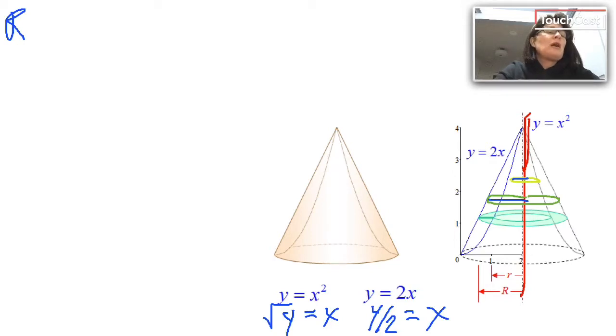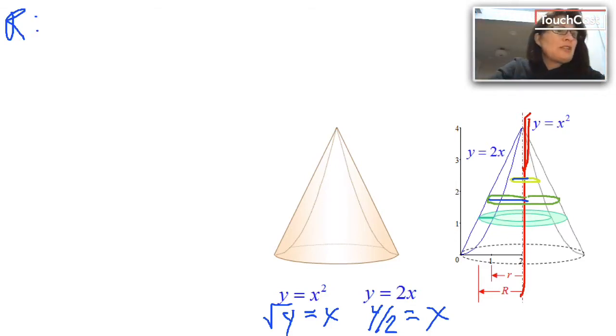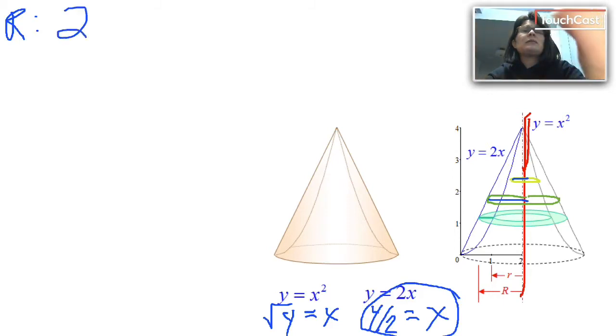So I know when I bump into something which one I'm talking about. So for capital R, I started my big blue radius at the line x equals 2. And I ended up bumped against the line y equals 2x, which I'm going to think of instead as x equals y over 2. So that's the subtraction problem: I'm going to start with 2 and subtract y over 2.